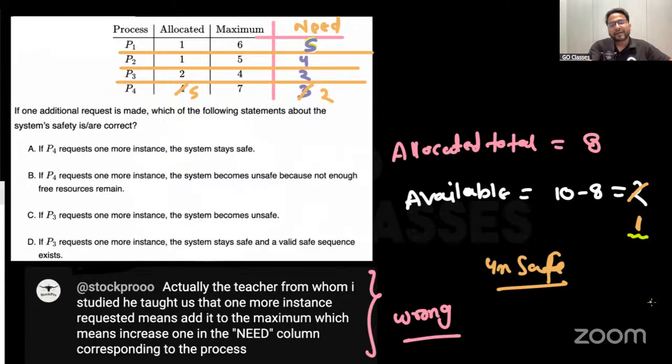Anyway, let's do one thing. I will create one very creative and very nice question related to this meaning of need and maximum, for the next AIMT.